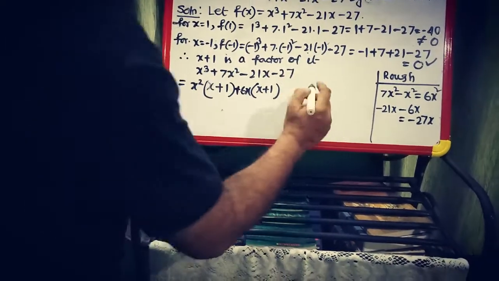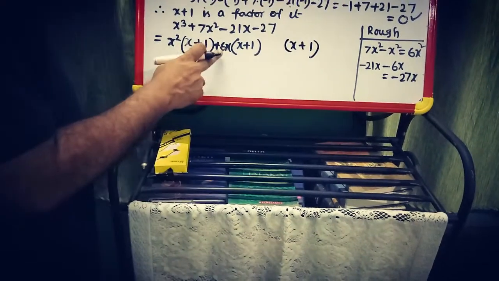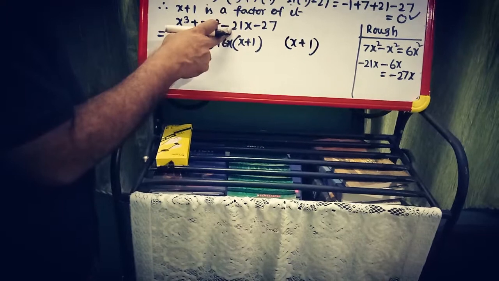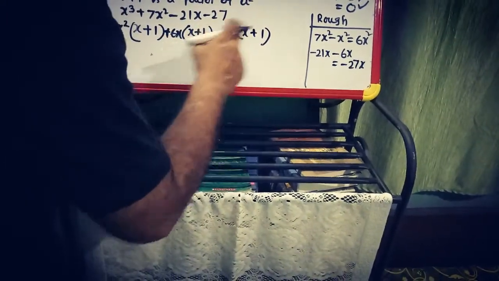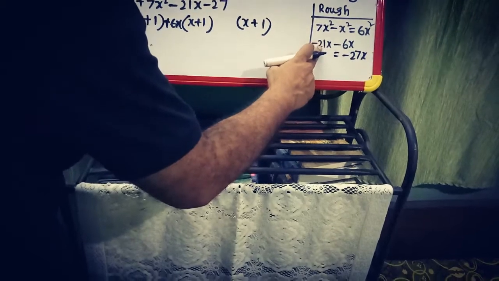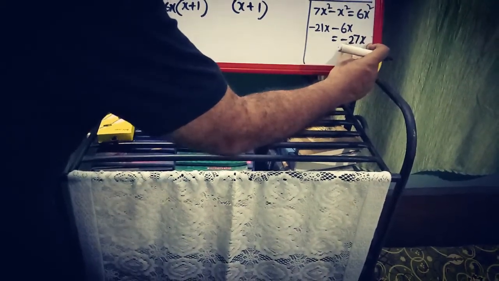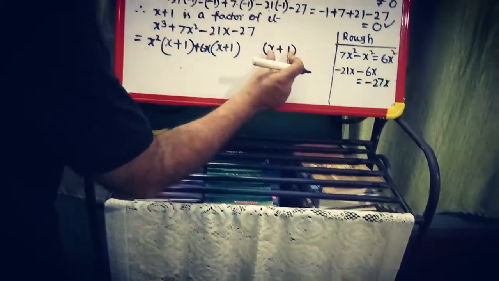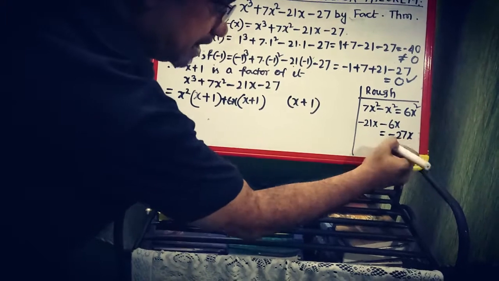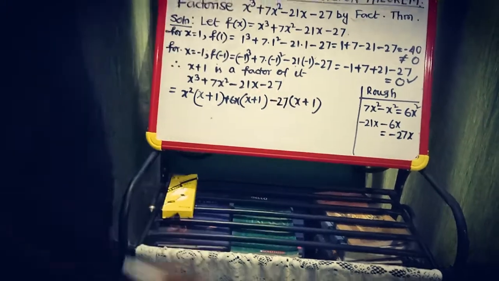Again we will apply the same method. I will write x plus 1. I have got 6x, I need minus 21x. Minus 21x minus 6x, what I need minus what I have got, gives me minus 27x as the required quantity. That means x plus 1 should be multiplied by minus 27.